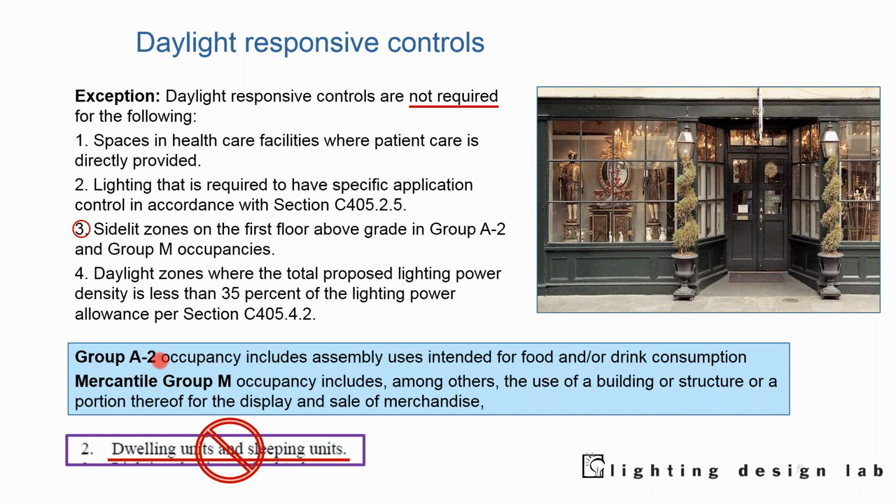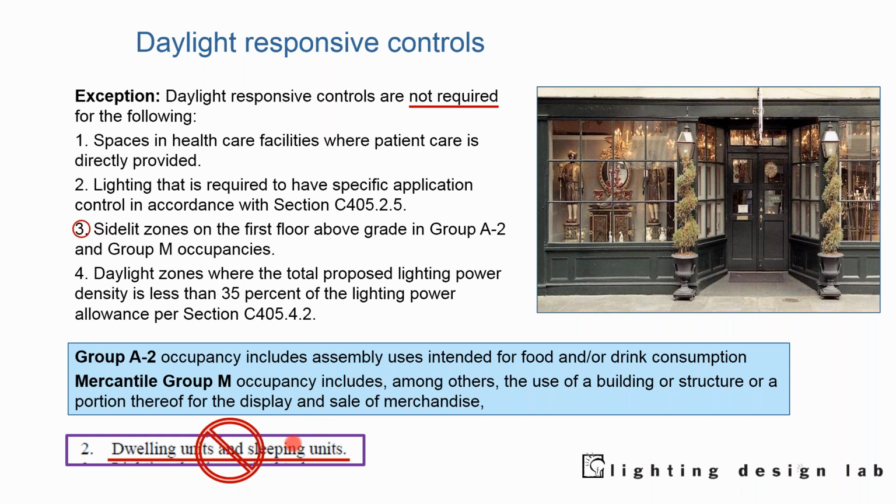A2 is basically restaurants, and M is mercantile, which would be retail spaces. That would be because, as we know, if these lights were off in their storefront, it might look like this shop was closed. And so there's a real issue there with sending the wrong message to potential customers.